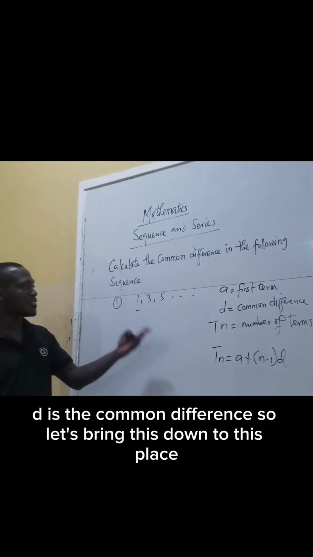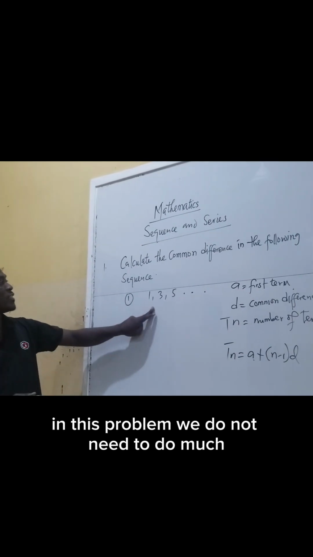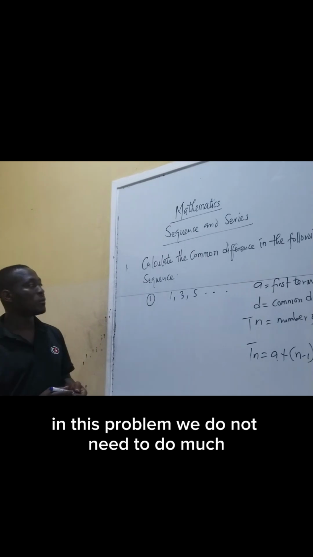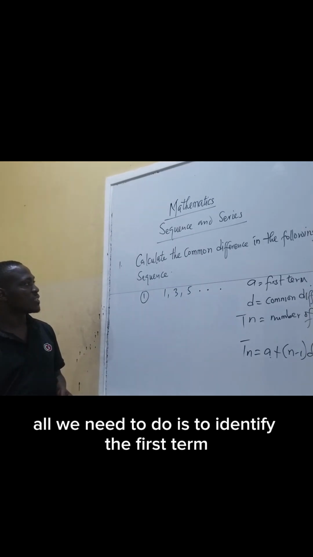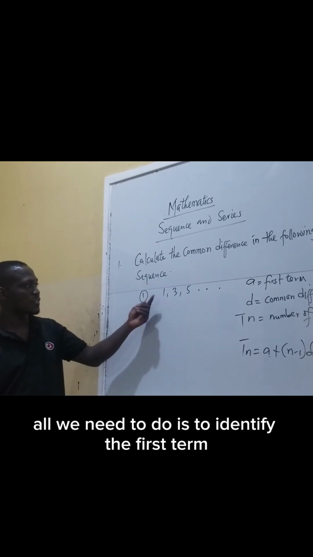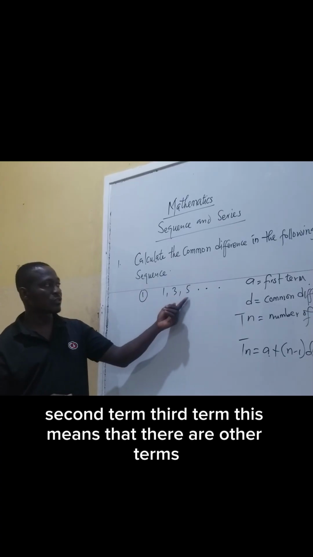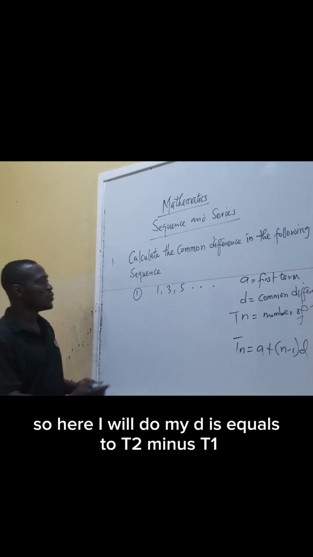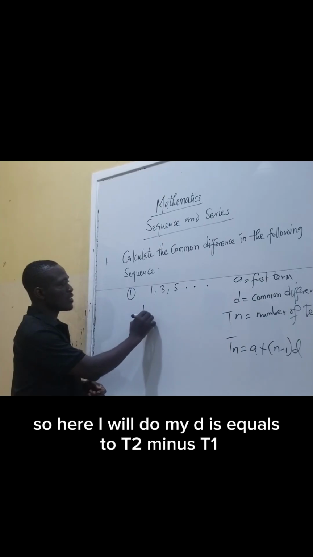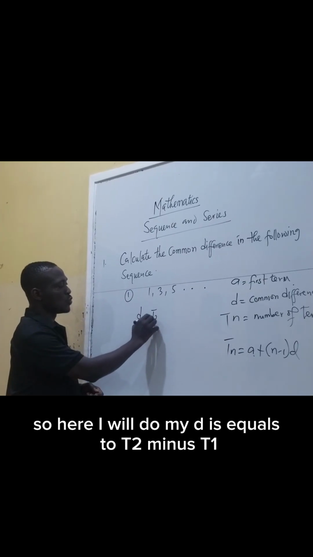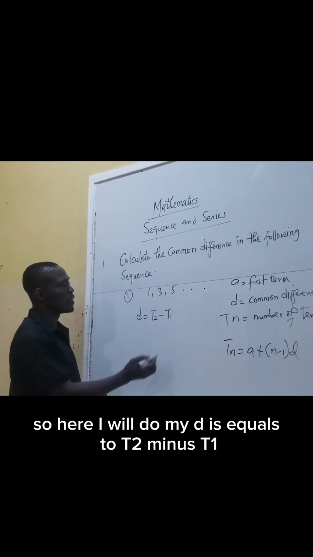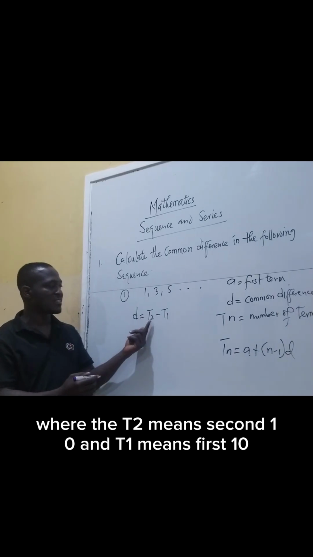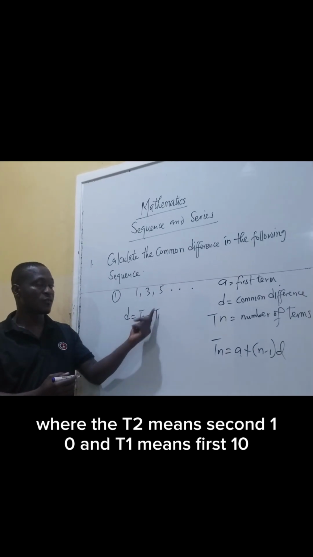So let's bring this down to this place. In this problem, we do not need to do much. All we need to do is to identify the first term, second term, third term. This means that there are other terms. So here I will do my D is equals to T2 minus T1, where T2 means second term and T1 means first term.